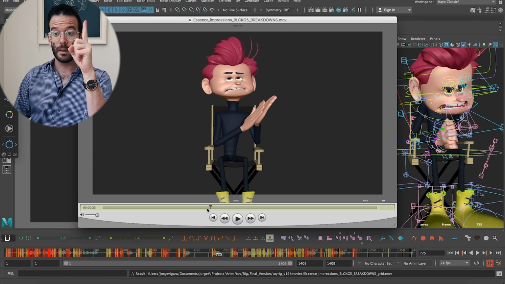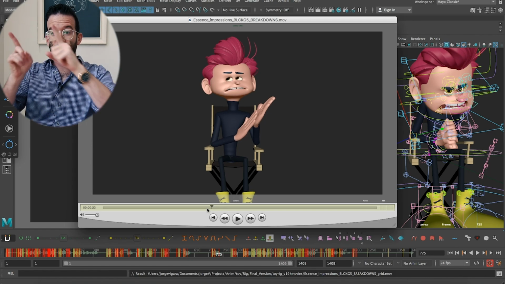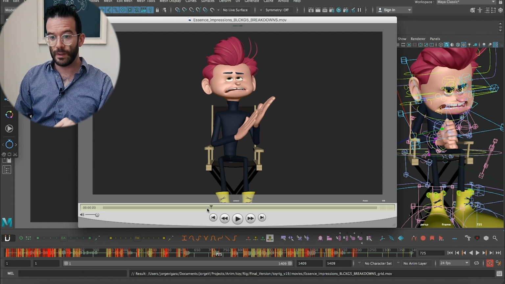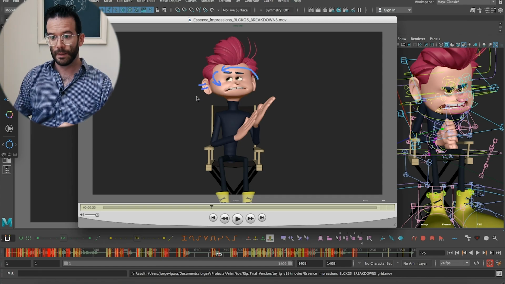He is thinking. This leads into a movement that is in the same trajectory. If you see, the eyes are doing this movement, right, and then the eyes feel like they're coming down at the same time. We start a blink, right?